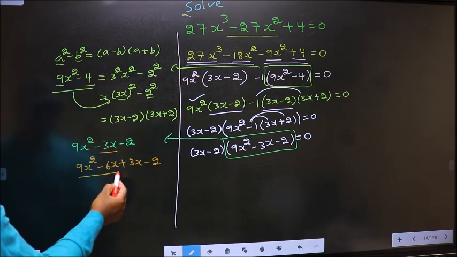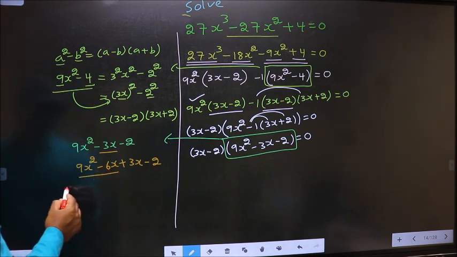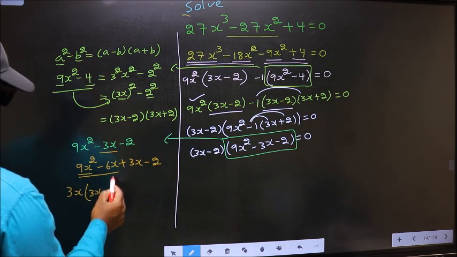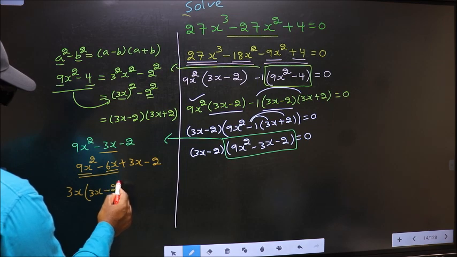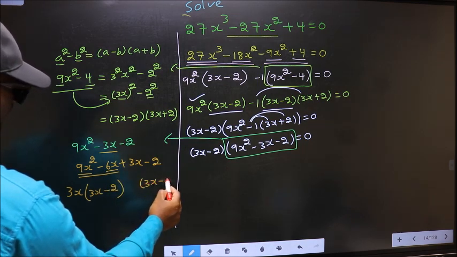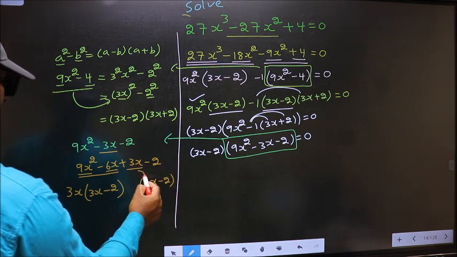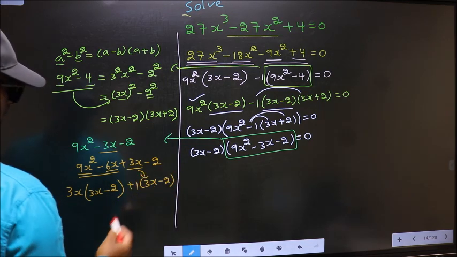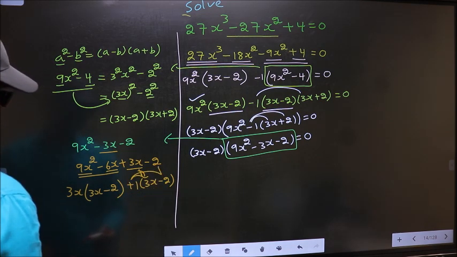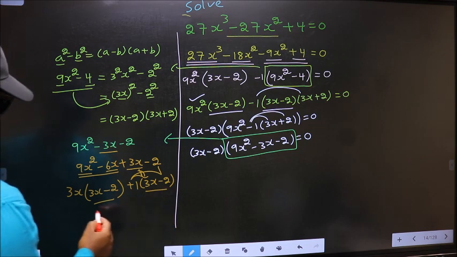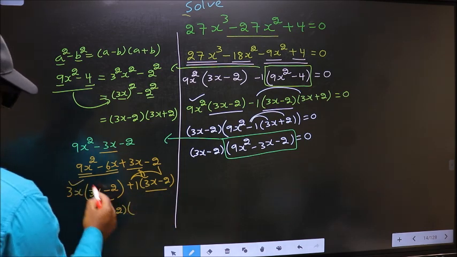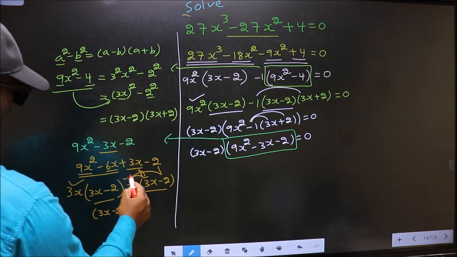Next, what can be taken out common from these two terms is 3x. So here we get 3x minus 2. Whatever we got here, here also we should get the same thing. From this, 3x gone inside, so outside we get plus 1. Even if you multiply and check, still you get the same thing. Now take out 3x minus 2 common. So here you have 3x and here plus 1.